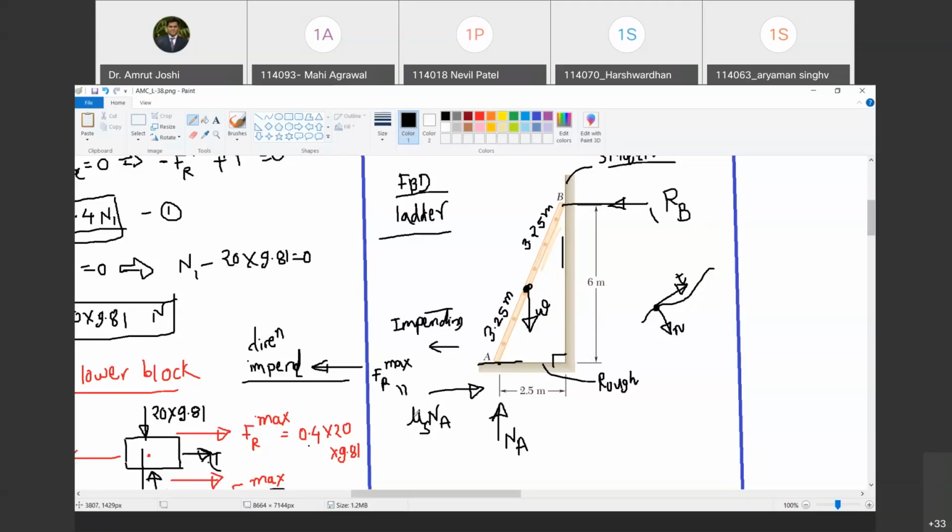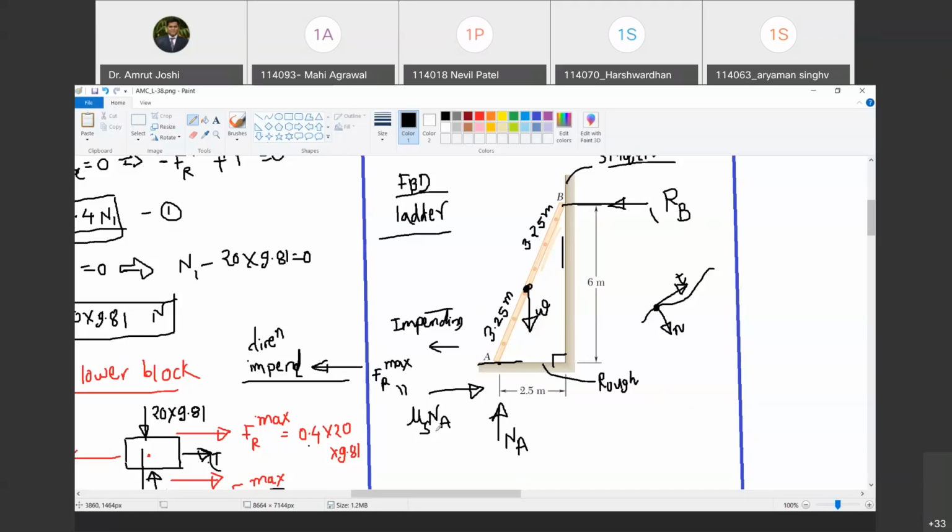And for any value of mu s less than this value, the motion would have already begun, and therefore I will have to consider the coefficient of kinetic friction and not static friction. Equilibrium would have been lost then. Are you with me? Yes, sir.